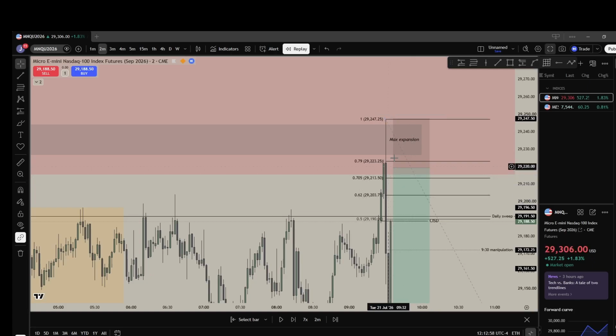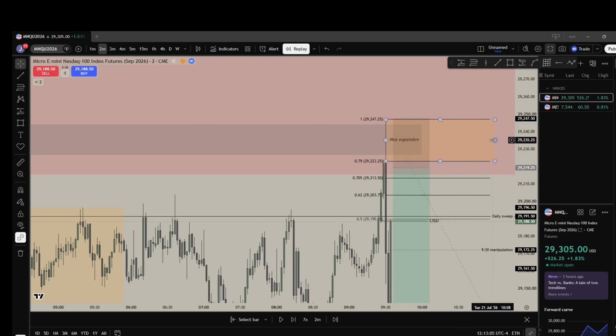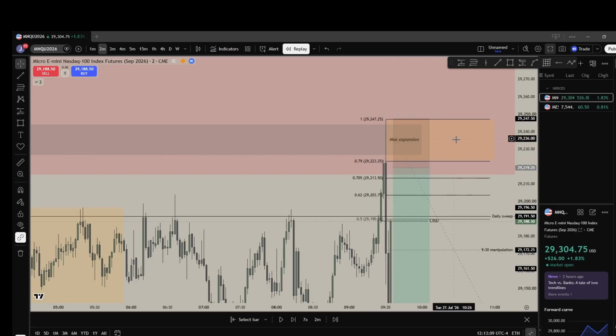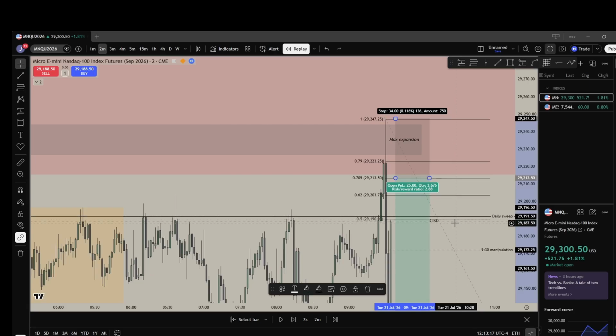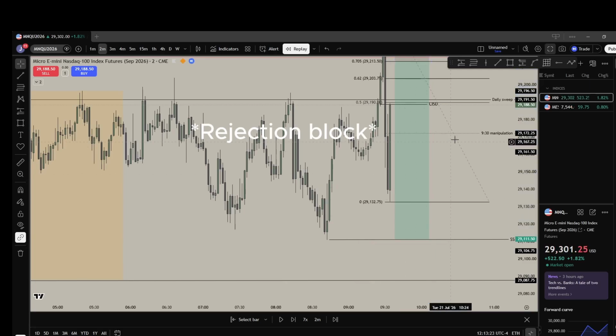If you really want the bottom ticket, top ticket, whatever the case, you would have taken this breaker block right about here. But I really wanted to take this trade and I didn't want to get missed out. So I took it on the 0.5 right about here, stop on this high, and you're targeting this low for a 3.